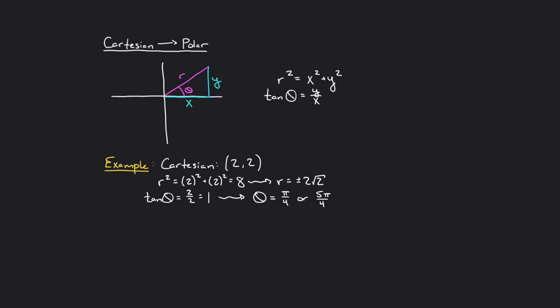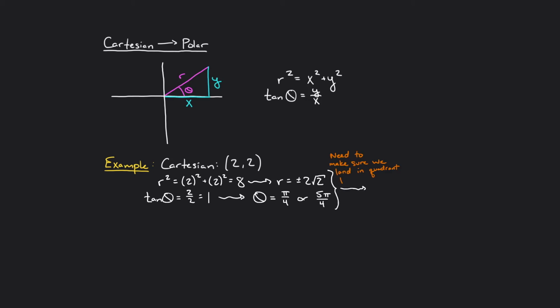So, we have found two different r values and two different theta values, but will any pairing of these values work? It turns out the answer is no. The way we're going to find the right pairing is by identifying which quadrant we want to land in. Notice that the point (2, 2) is in the first quadrant.